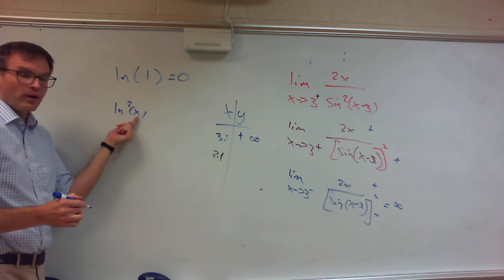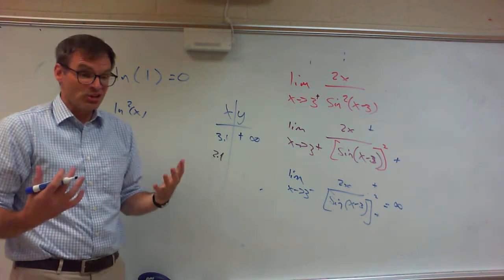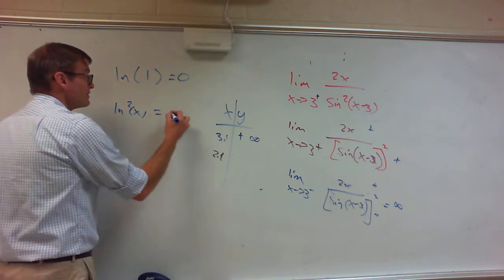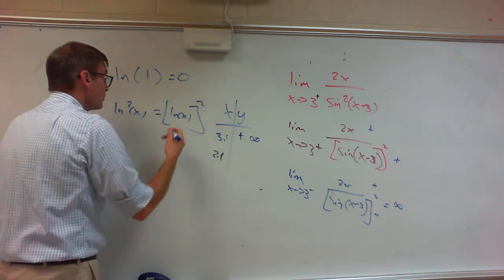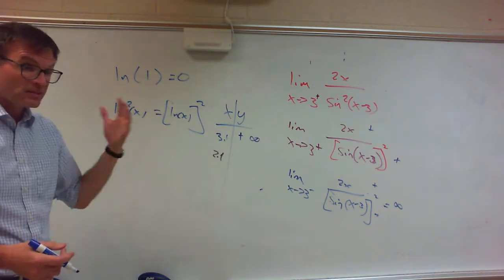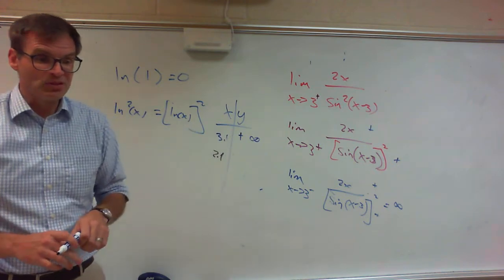And if they say natural log squared x, this is sort of a continuation of that ugly notation I don't like. This means natural log of x quantity squared, which means this is always guaranteed positive unless something happens to be 0.